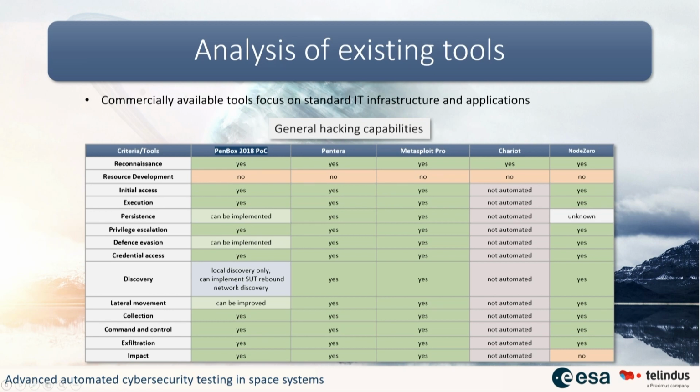The second iteration is mostly to improve what we did before, to make it more industrialized and to be able to deploy it in production. So that's the goal. In terms of automation, PenBox was already not too bad, but now we want to have the space-specific parts working. So when we compare PenBox with other existing tools on the market, we didn't compare them all, but we took the ones that are best known.